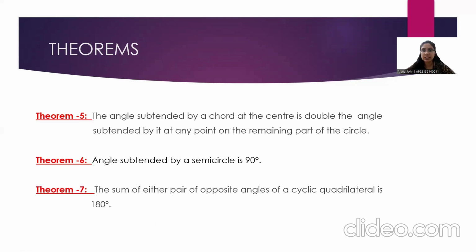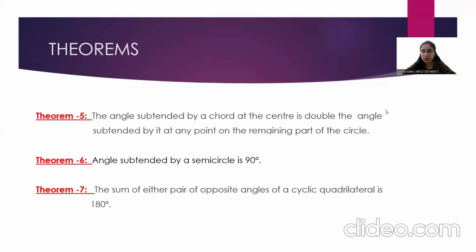Clear? So these were the important 7 theorems which we had discussed in the last lecture. Here in this lecture, I will be discussing some of the problems related to these theorems. So you will be getting an idea of how to apply these theorems in a problem.